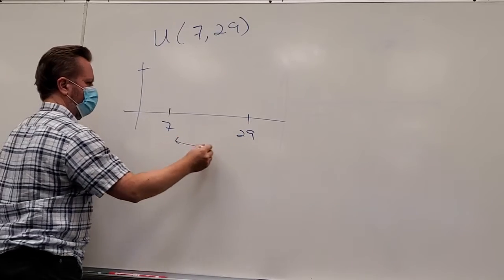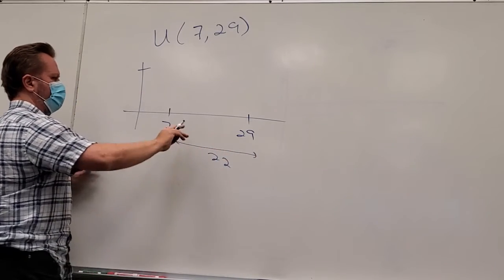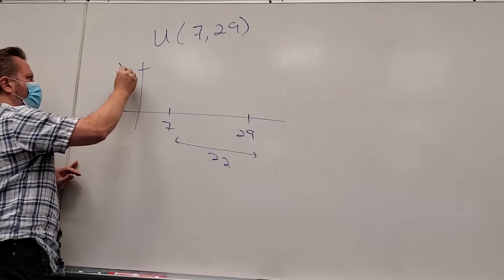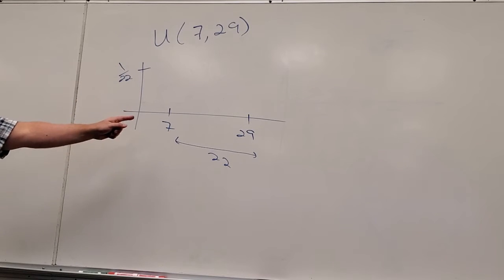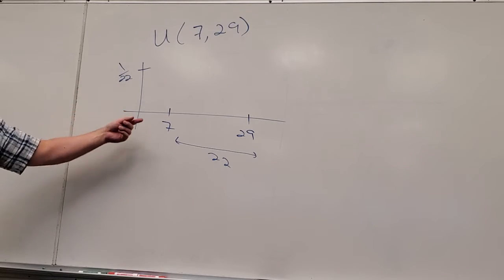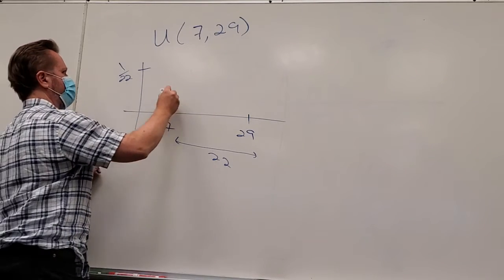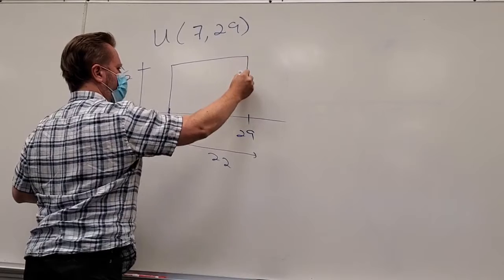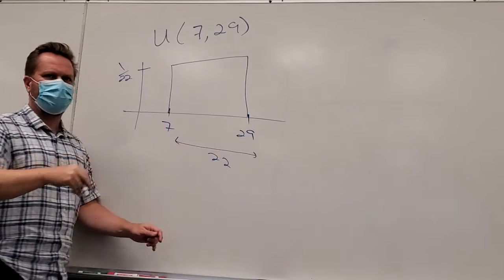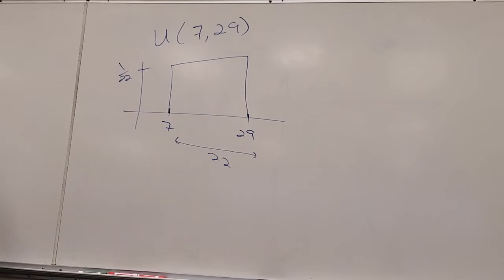Because this is 22 wide, so it's got to be the reciprocal to make the whole area 1. But this is all they put. Is this good? No, the whole thing is missing, right? Sorry, but it happens often enough that I've got to make a point of saying that. It's sort of like not drawing the normal curve, if I ask you to draw the distribution.